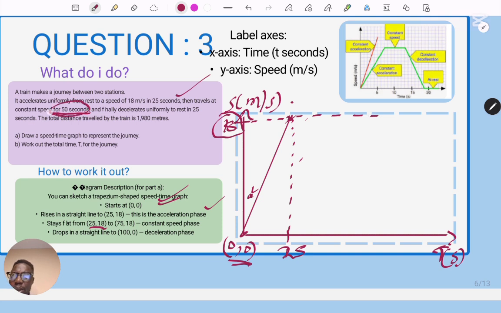We count from 25 again and add 50 seconds. That will probably be here, and that will be 75 seconds, because 25 was before, plus 50. So we have 75. Perfect.